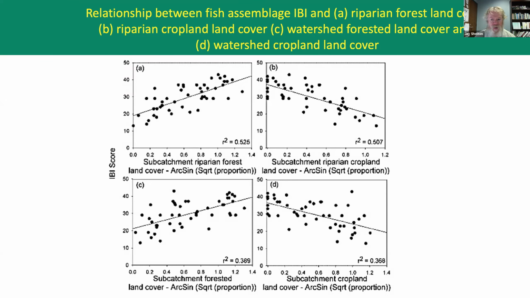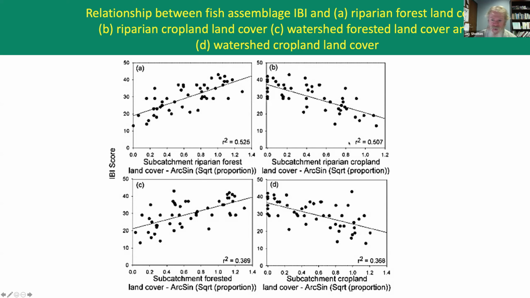On the other hand, I'm intentionally leaving out urban areas right now because I don't want you to think that this is all either rural or urban, because there are other important land uses. On the other hand, if you look at the percent of the area adjacent to the water that is cropland, the more cropland, the poorer the scores.